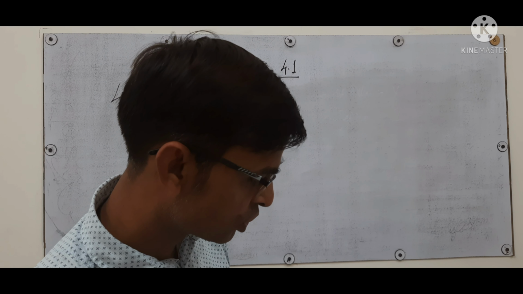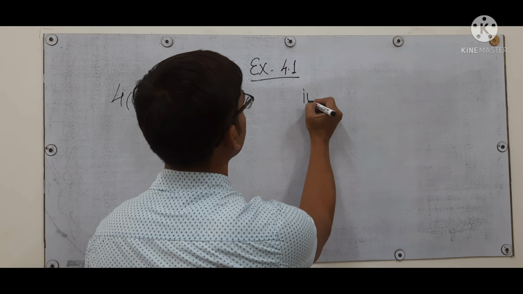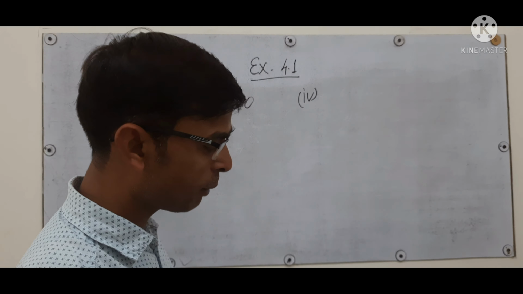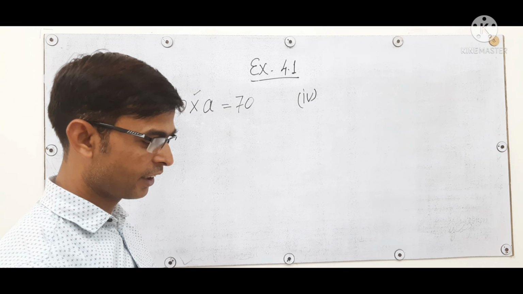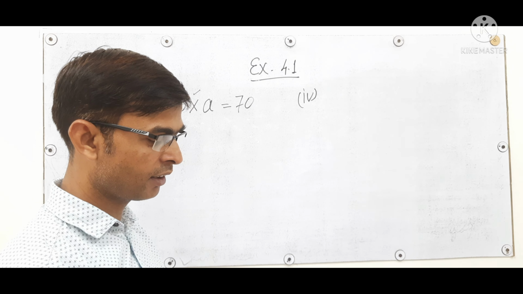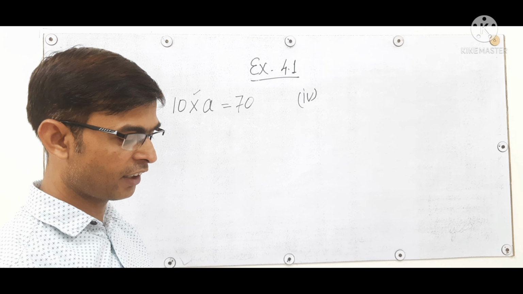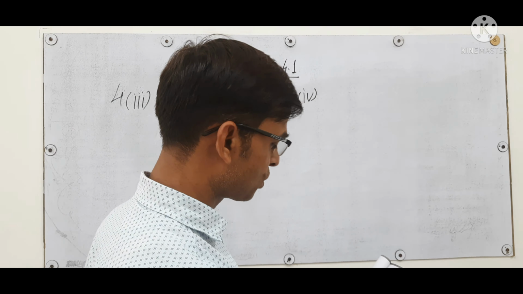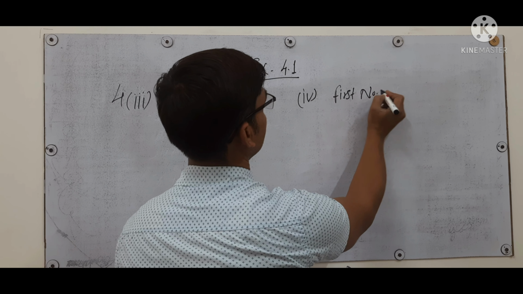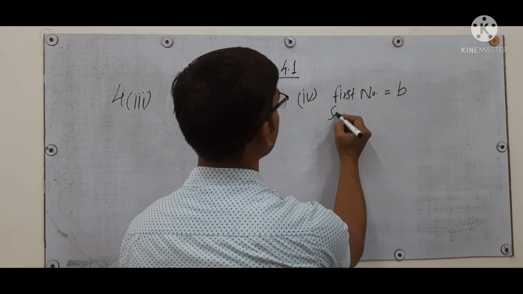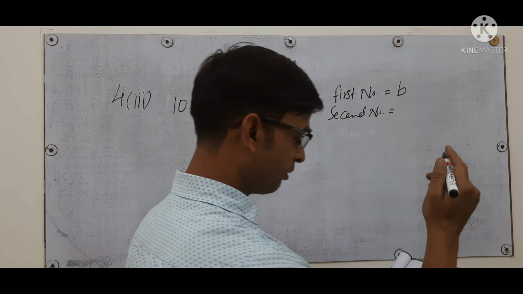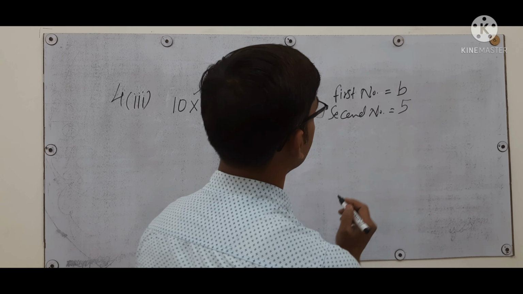Okay, now we will solve part 4 and write it in equation form. The number b divided by 5 gives 6. The number given here is b, and when divided by 5, it gives 6. So the first number is b and the second number is 5.